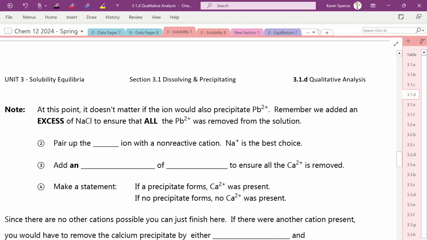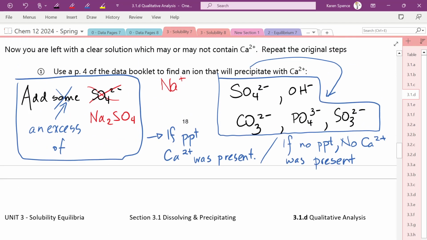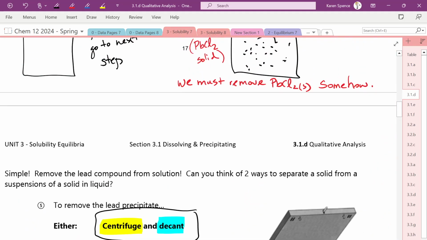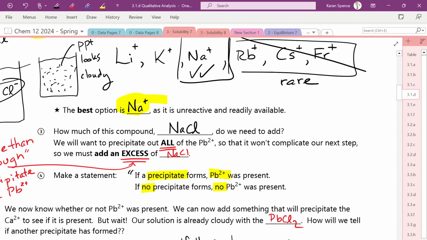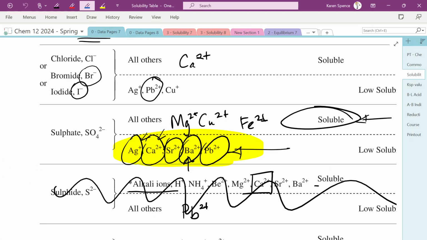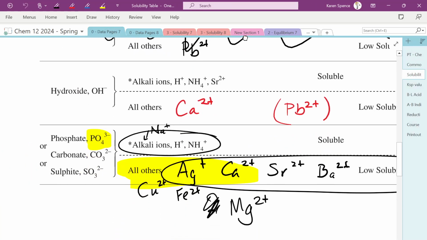Now, do you remember back here when we added sodium chloride? What if instead I had added beryllium chloride? Or magnesium chloride? Let's go see what would happen with sulfate. It would be soluble.